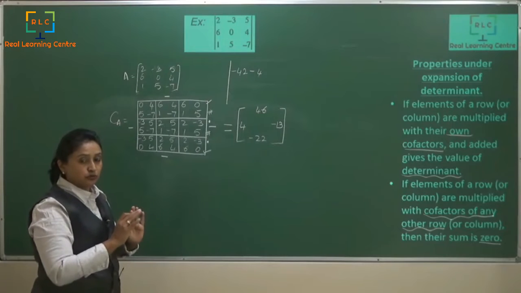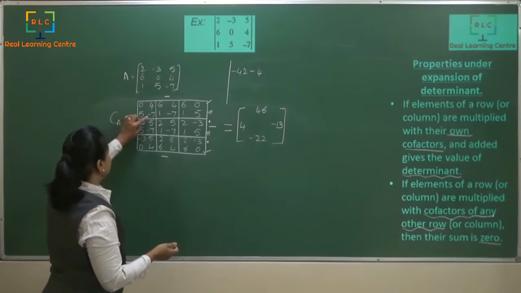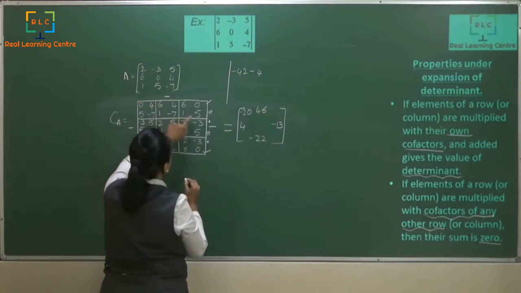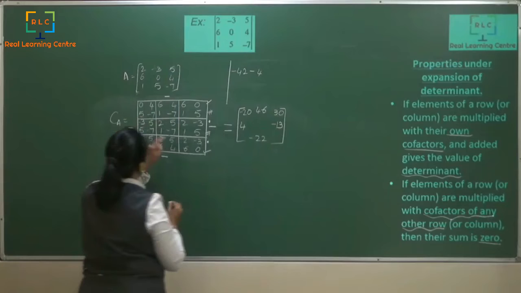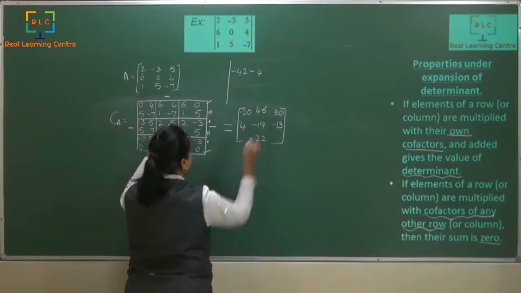There is nothing extra to multiply, so it is just the direct determinant. 0 minus 20, this will be minus 20, 6 5s are 30 minus 0, this is 30, and minus 14 minus 5 is minus 19.